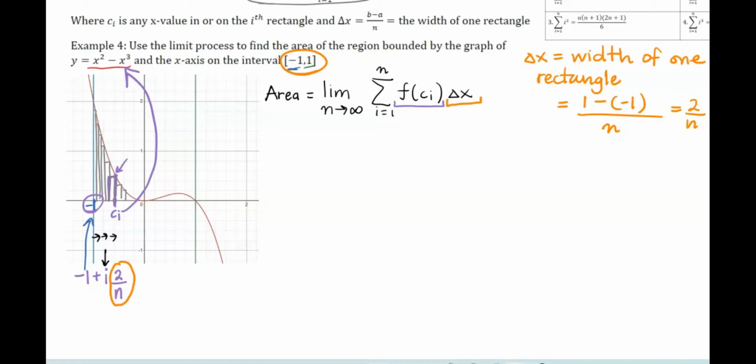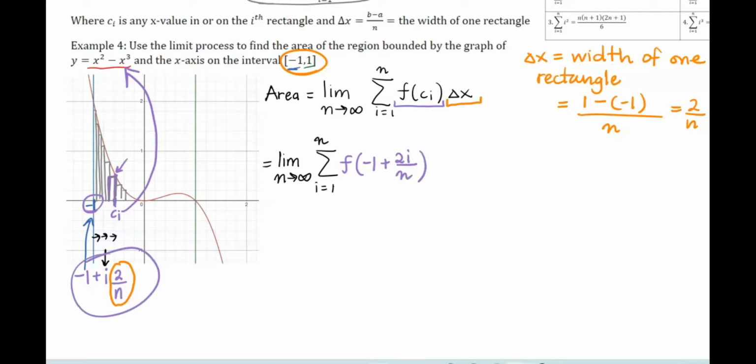So now I'm going to plug all this into our area formula: the limit as n approaches infinity of the sum from I equals 1 to n of f of ci. We already know that is f of negative 1 plus 2I over n. That's this being plugged into the function f, and then all that's multiplied by delta x, and delta x is 2 over n.